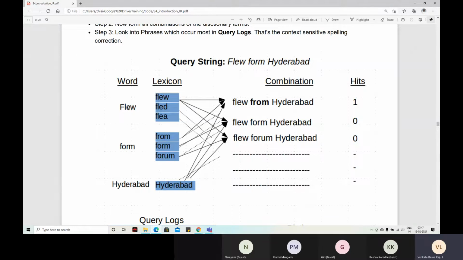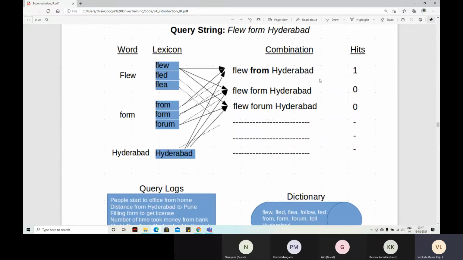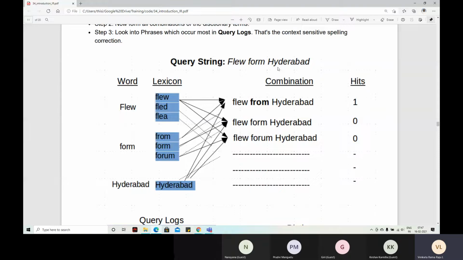We need to take the closest words to all the tokens in the sentence, and then form combinations and see how many times the combinations have occurred. Whichever combination occurs more, that is the most contextually appropriate word here.